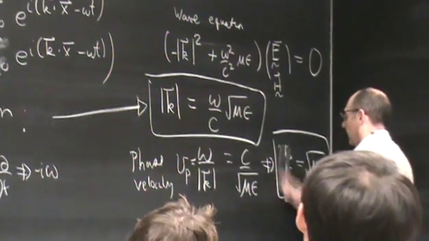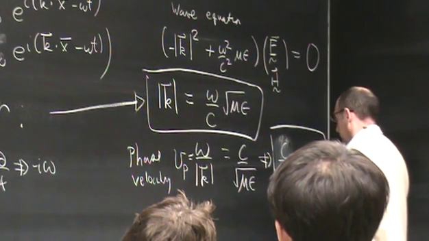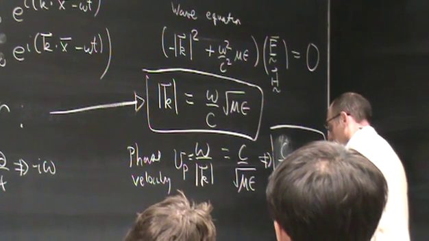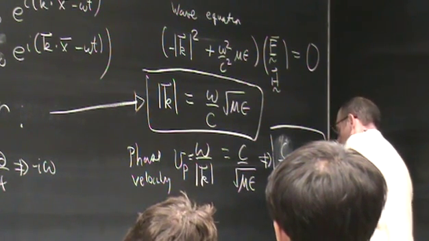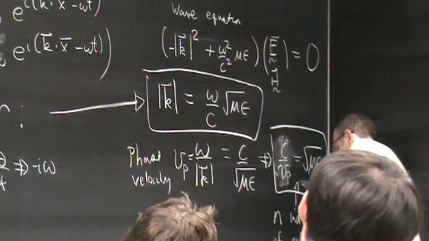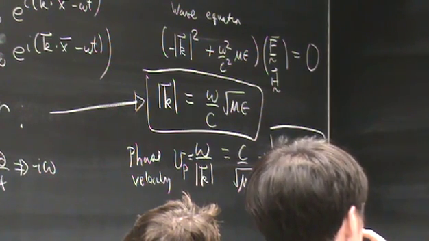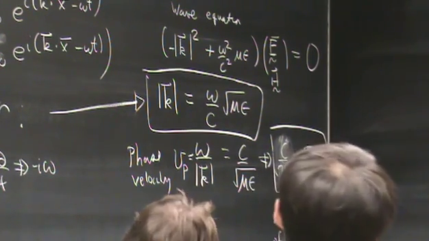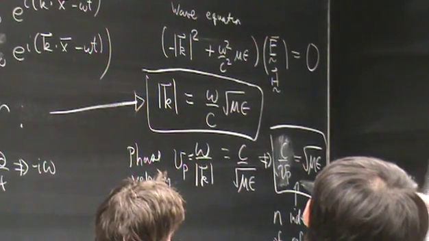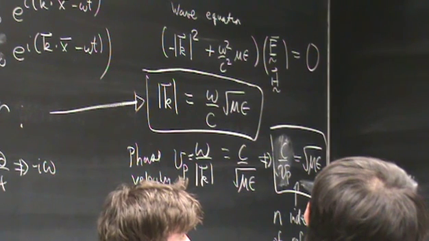Should be 1 over? Oh, sorry, c over that. That's the index of refraction. And under the approximations that we've made so far, that's a constant. It is non-dispersive.